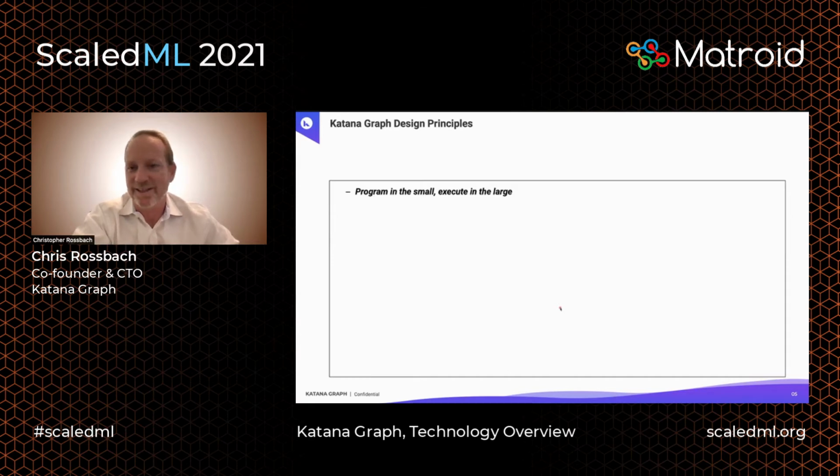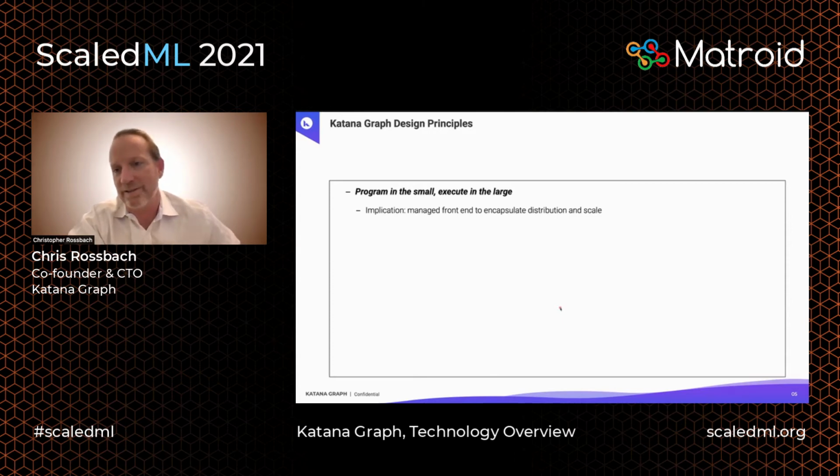This means letting a programmer write economic, ergonomic, small scale, easy to reason about code that can then be executed on large scale infrastructure. And this has a number of implications, but ultimately it boils down to providing a managed front end that encapsulates distribution and scale.